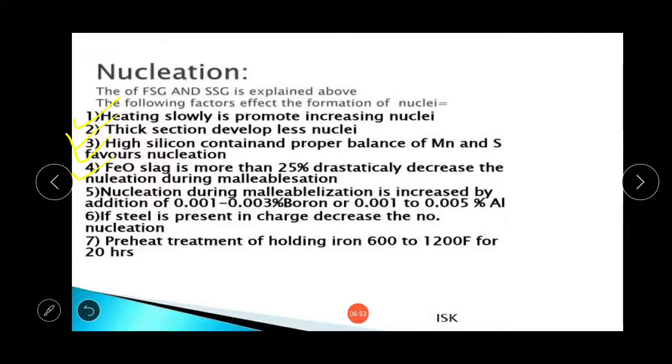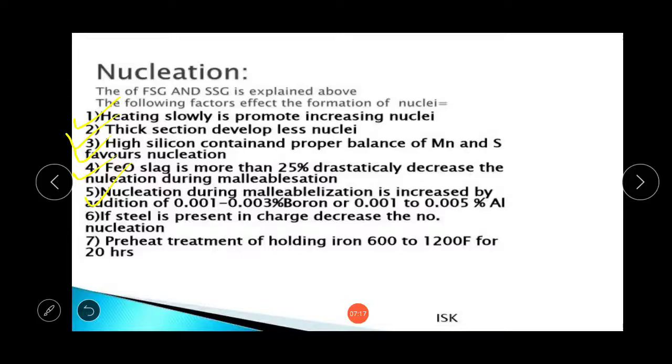Fifth point, nucleation during malleabilization is increased by addition of 0.000 to 0.003% boron or 0.00 to 0.005% aluminum. This is the fifth point.